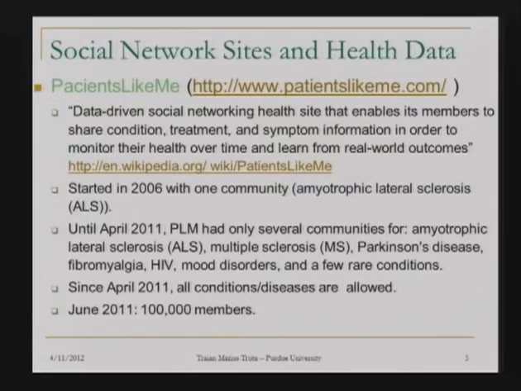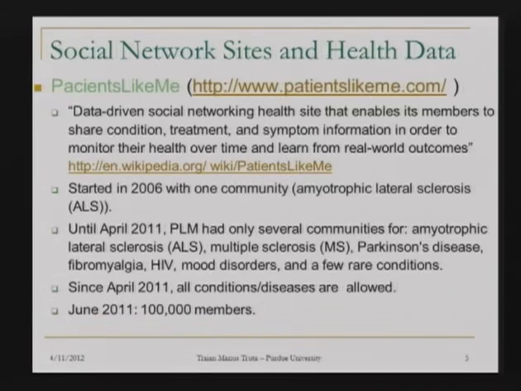And it started in 2006 with one community, which is amyotrophic lateral sclerosis. I never heard of this disease before I heard about Patients Like Me. And why this disease? Because one of the creators of this site, an engineer from MIT, had his brother with this condition. And he wanted to do something to help him. And he created this site, a community for people with this particular disease.